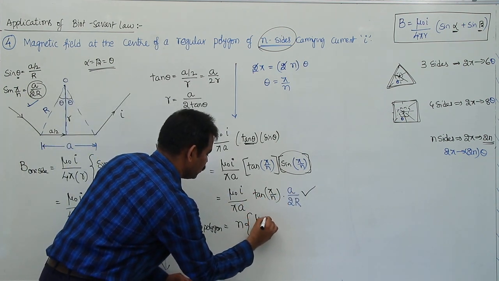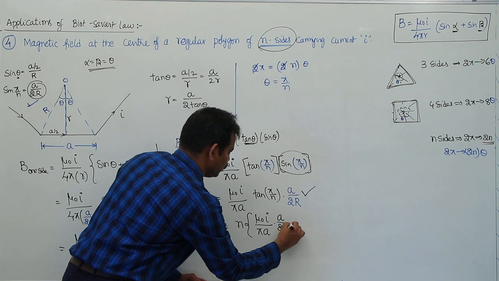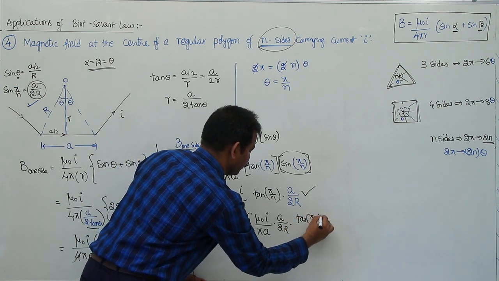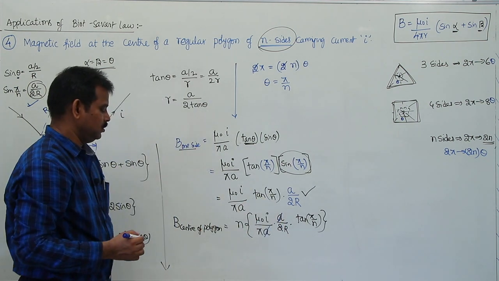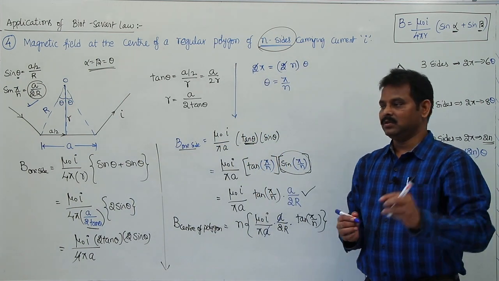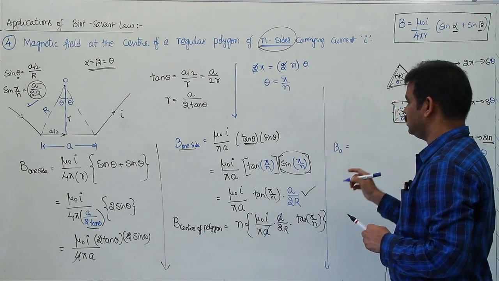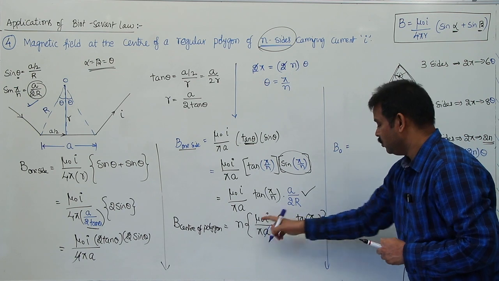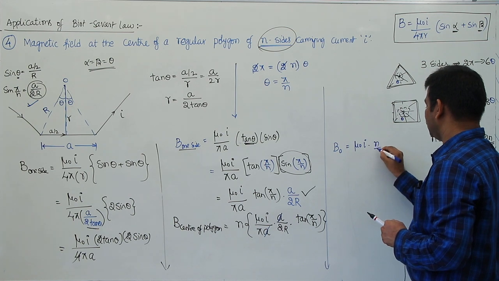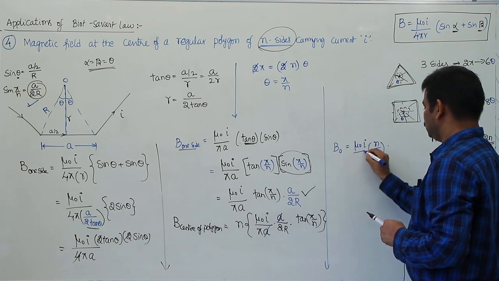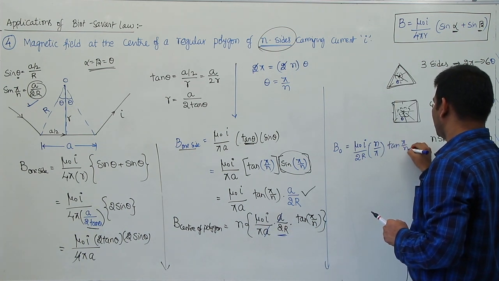So I am going to write mu naught I by pi a into a by 2r into tan pi by n. So this is the expression. Here you can see this a and a get cancelled. So the magnetic field at the center of a regular polygon is given by, B at O, that is the center of the regular polygon, is equal to mu naught I into n by pi into 2r into tan pi by n.